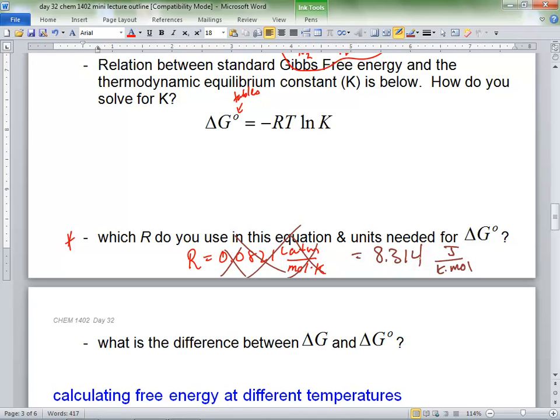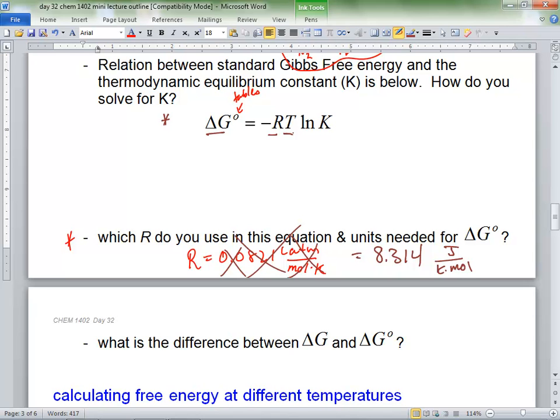What's T in this equation? Temperature. And what units should it probably be in? Kelvin, because look at the R you have to use. It's got Kelvin in it. So before we mathematically solve for K, we have to put in numbers for delta G0, R, and T. If T is in Celsius, how do you get it into Kelvin?